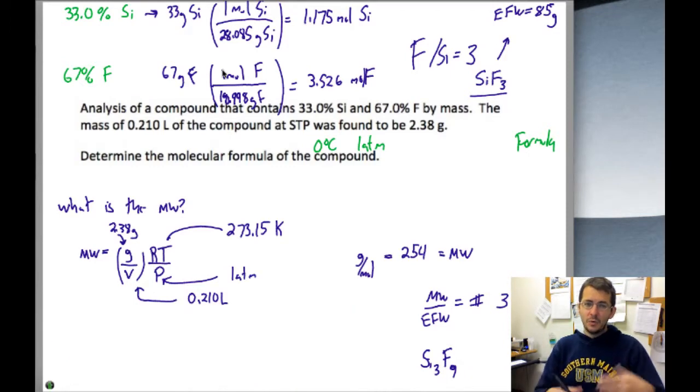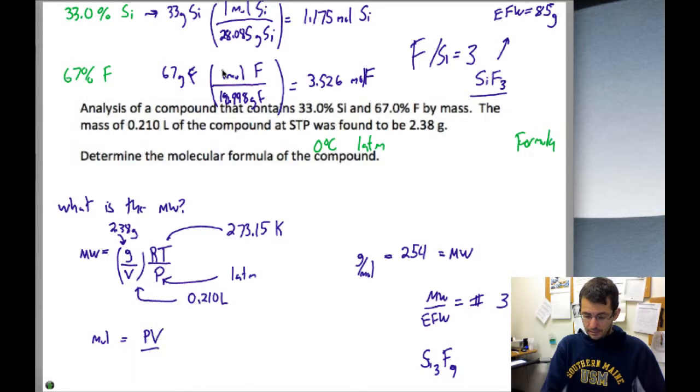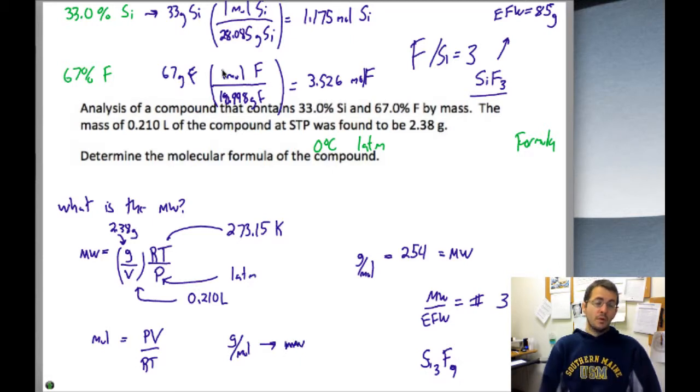Even if we didn't go this more complex route where we actually had this formula, you could have done the standard calculation. Moles equals PV divided by RT. And then from the number of moles, you take your grams and divide by your moles, and that will give you the molecular weight. There are often more than one way to do these problems.